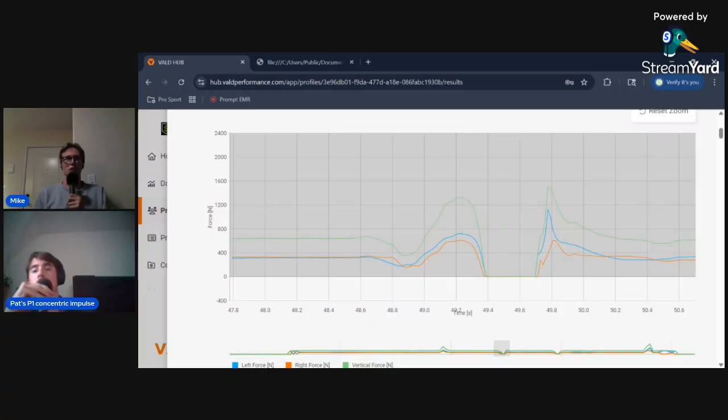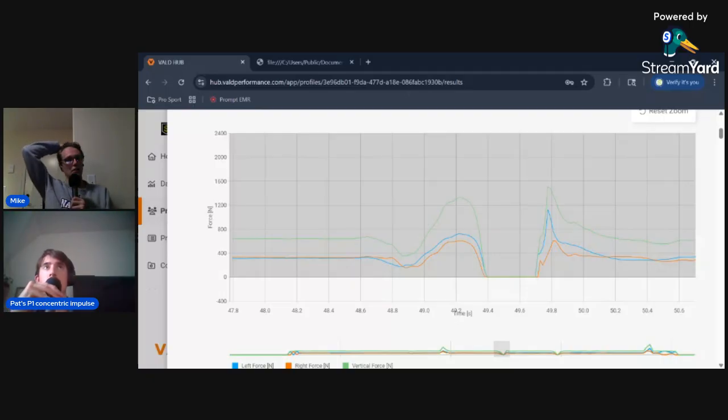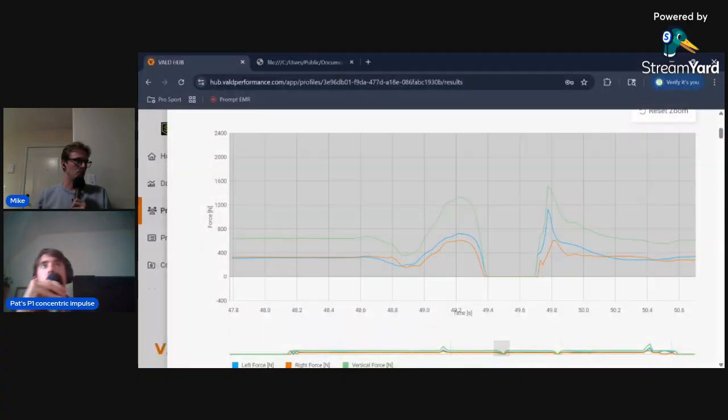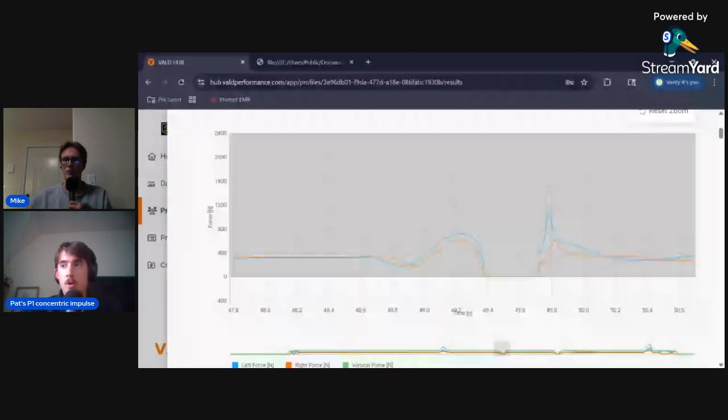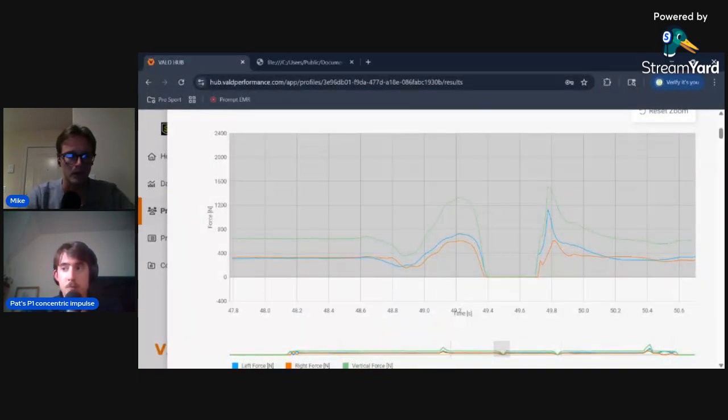You do a loaded jump because it's increasing the demand on the body, so it's a harder bar to hit. If they hit the bar at body weight, cool, but you want to make sure they can also check the boxes at the loaded jump before you return to sport or anything like that.